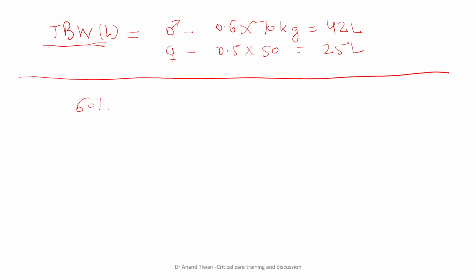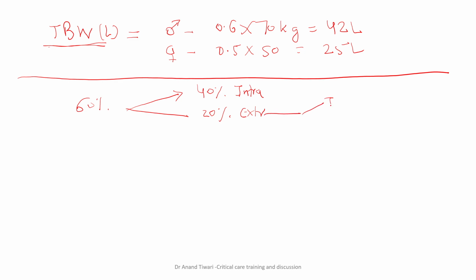Now once we have understood the total body water, how is it distributed? If there is 60% total body water, 40% of it is intracellular and the remaining 20% is extracellular. The extracellular has two components further.